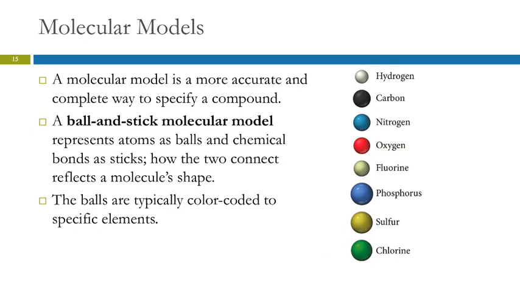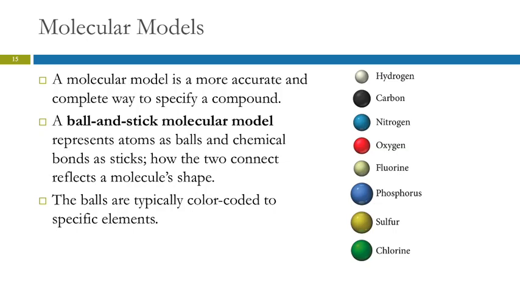You do not need to memorize this list. But in the book, we're going to be consistent, and whenever you see a red ball, it's oxygen, a white ball is hydrogen, etc. So it's color-coded. This is not necessarily a universal color code, but it's one that's very commonly used.